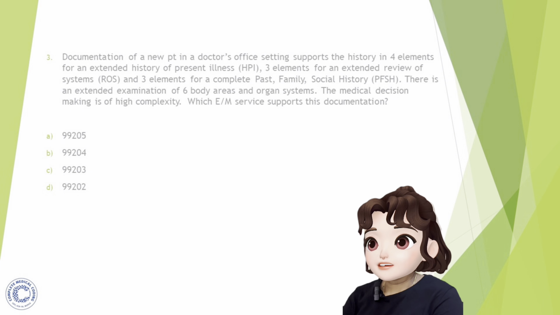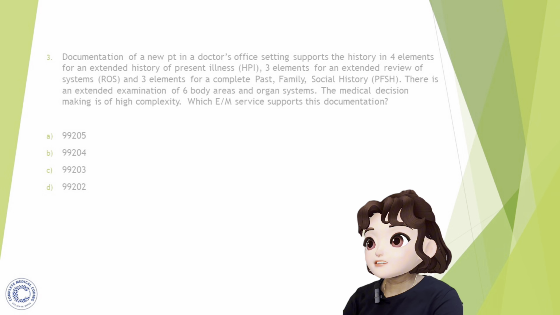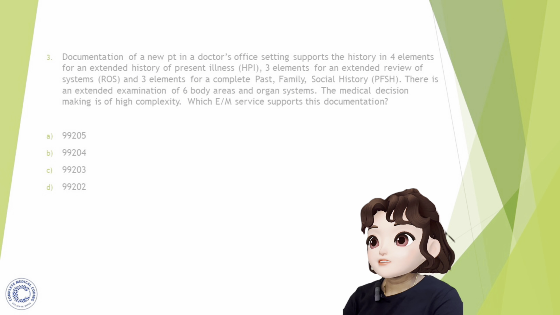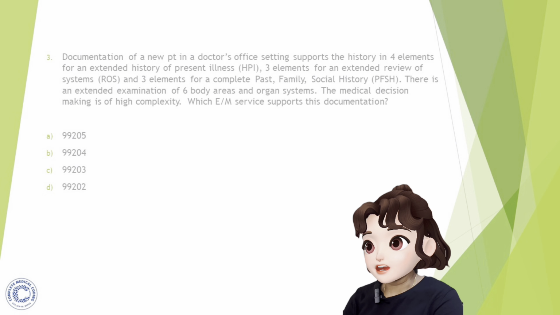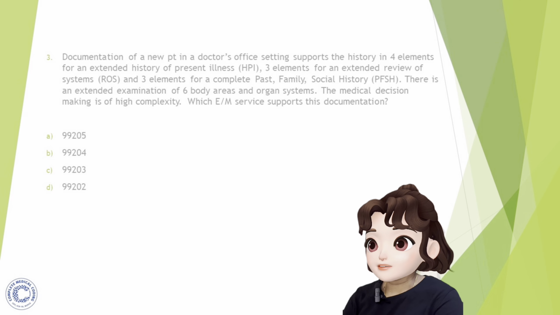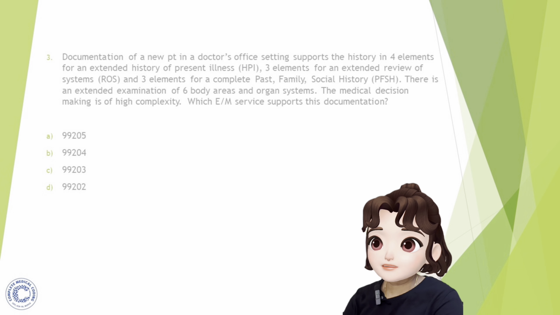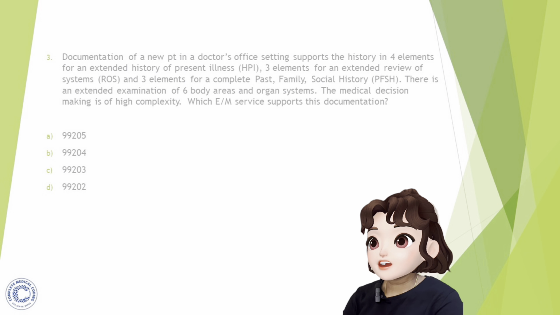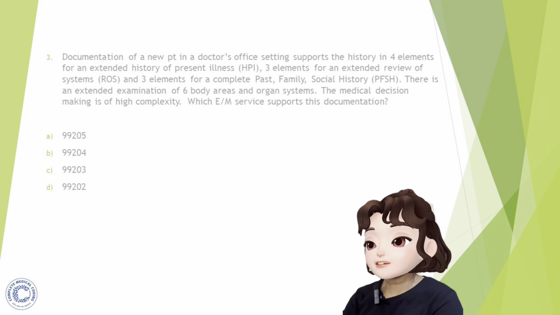Now third question. Documentation of a new patient in a doctor's office setting supports the history in 4 elements for an extended history of present illness, 3 elements for an extended review of systems, and 3 elements for a complete past, family, social history.